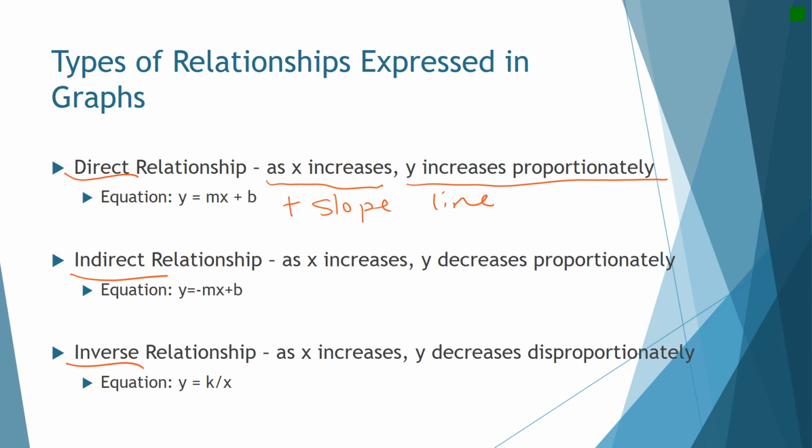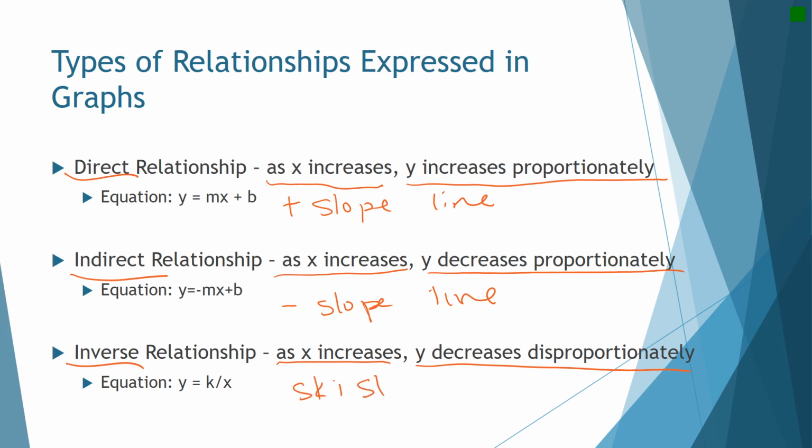An indirect relationship is as X increases, Y decreases proportionally. That's basically saying that you have a negative sloped line, still a line graph. And then an inverse relationship is as X increases, Y decreases disproportionately. What you have for that is what I call the ski slope. You'll see examples of this in a second.